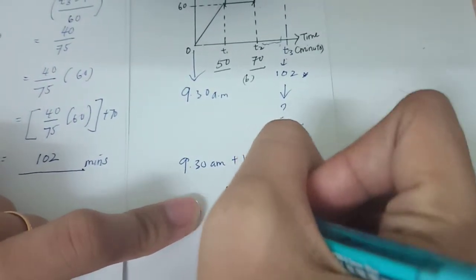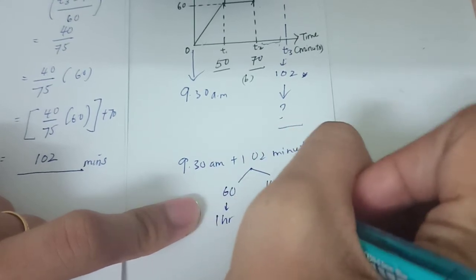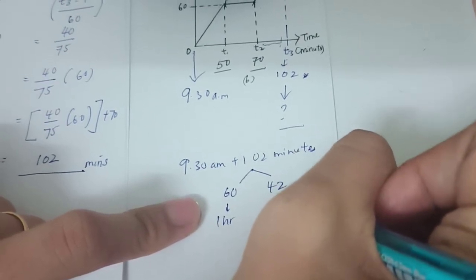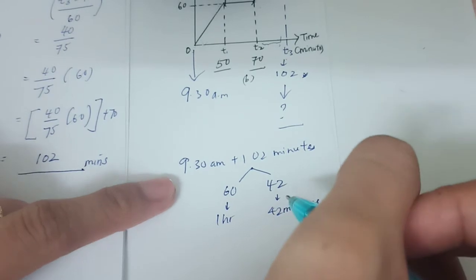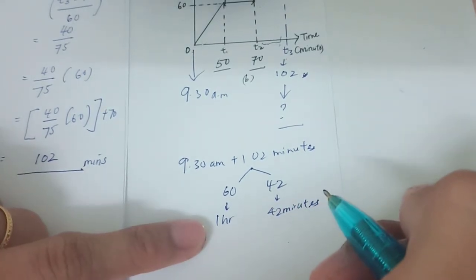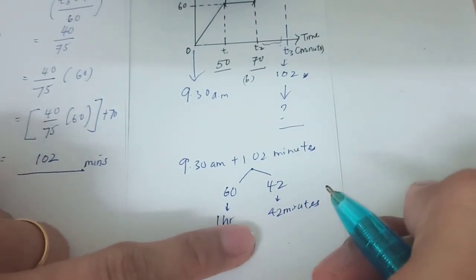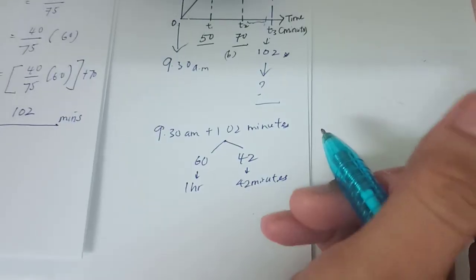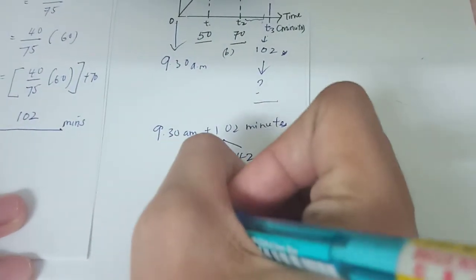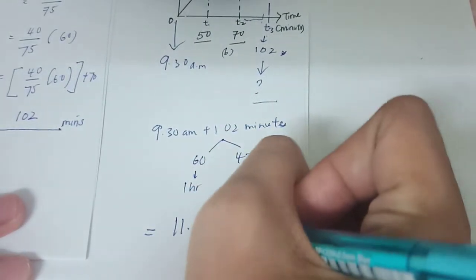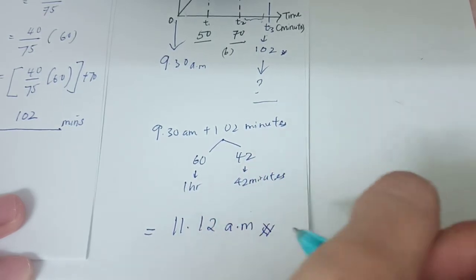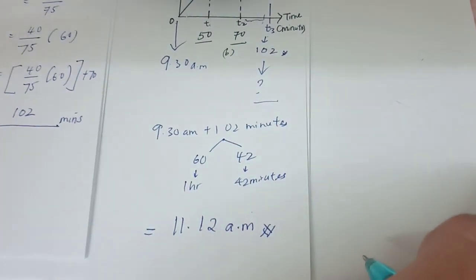So 60 is 1 hour. This is 42 minutes. Okay, 9:30 plus 1 hour, 10:30. 10:30 plus 42. So Encik Jumali will arrive at 11:12 a.m. Okay, so that is the final answer for question number 2.